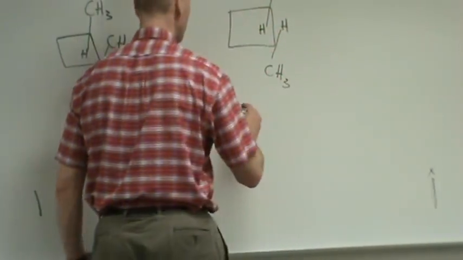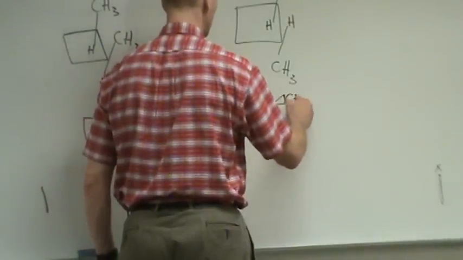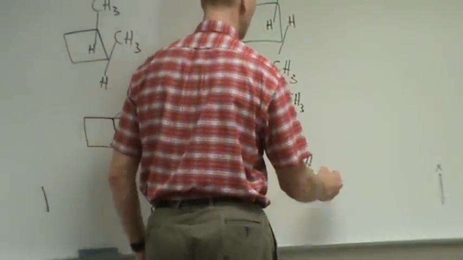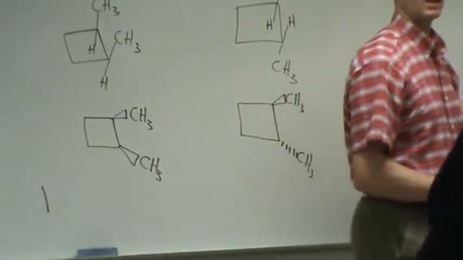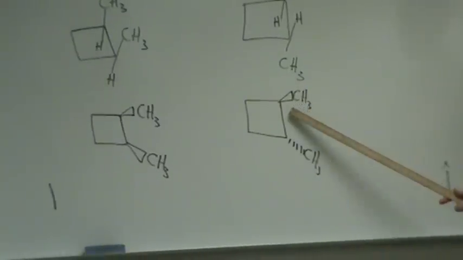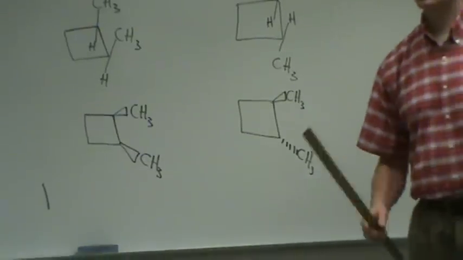If they're on opposite sides of the ring, I can use a wedge and a dash. So I use opposite things here to show they're on opposite sides of the ring.